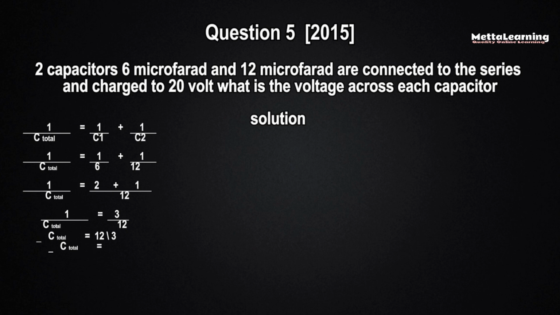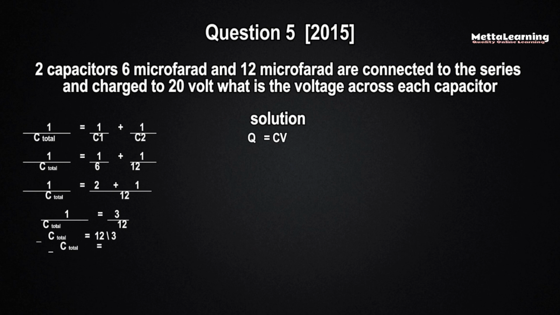Now the question still remains that we have to calculate the charge, Q, on each capacitor. So to calculate the charge on each capacitor, let's calculate the quantity of charge on the equivalent capacitance. So Q equals CV, that is Q equals equivalent capacitance times the voltage.